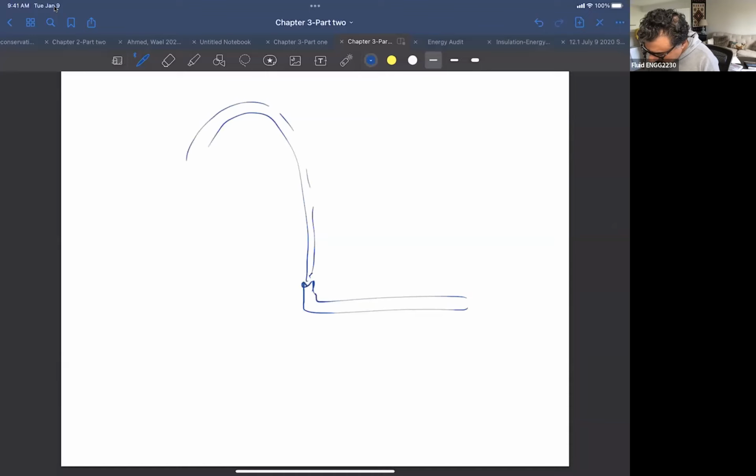What is driving the fluid here? Amazing, right? Kinetic energy. Why? Because what is the pressure outside here? The same, which is equal to what? Atmospheric, right? It's outside.